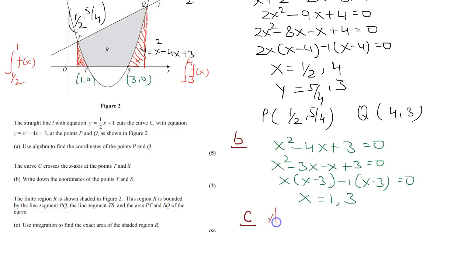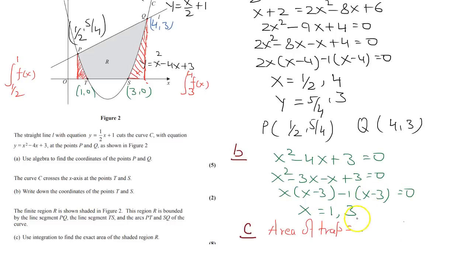So first area of trapezium is half, this, the parallel sides. This is y-axis, so 5 over 4. This length is 5 over 4 plus this length is y-axis 3. And the distance between them, this is 4 and this is half.